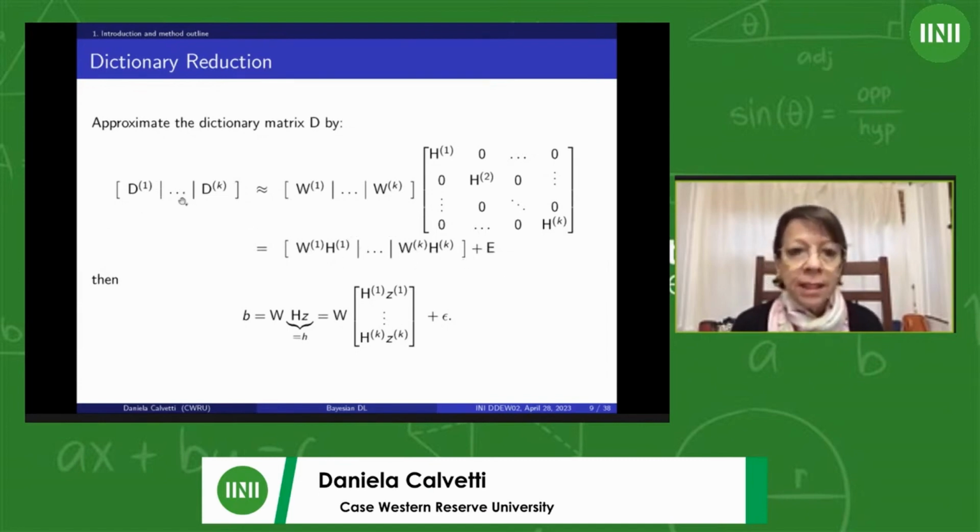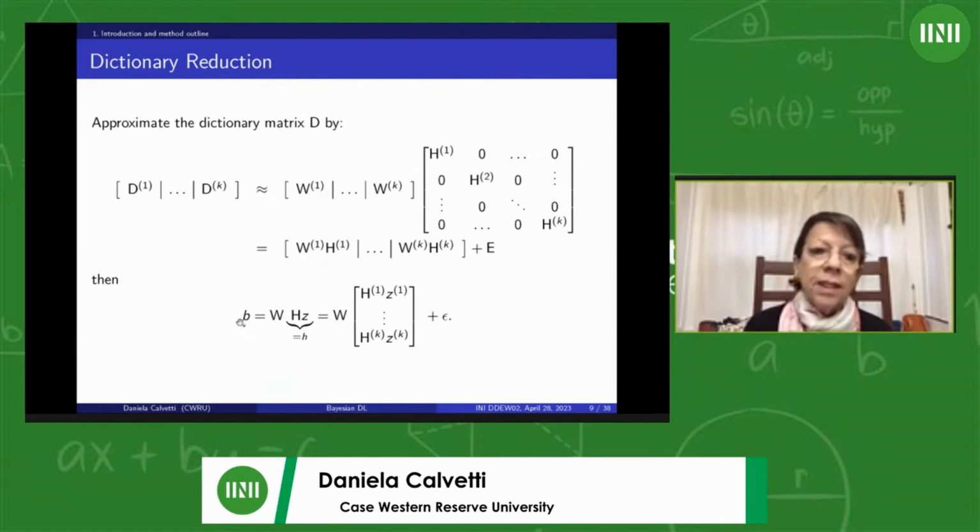So we can call the original dictionary D our full, exact model, and we can call this low-rank approximation of D a reduced or compressed model. We can also go up to the previous line and think of the dictionary of the feature vectors, the W's, as being a compressed version of the dictionary.